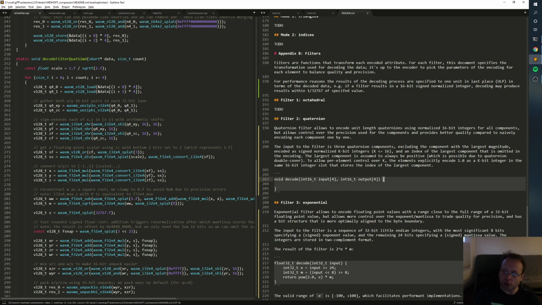The output is going to be the Quaternion, where the components are just normalized 16-bit. The input, however, is more complex. So the input says that the first three components are just encoded as normalized integers.